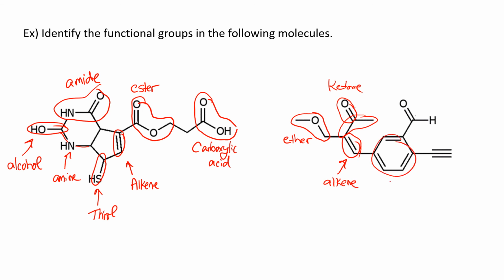We have a ring with alternating single and double bonds. That's an aromatic or an arene. We've got a carbon-carbon triple bond. That's an alkyne. And finally, we have a carbonyl next to a hydrogen. That's an aldehyde.